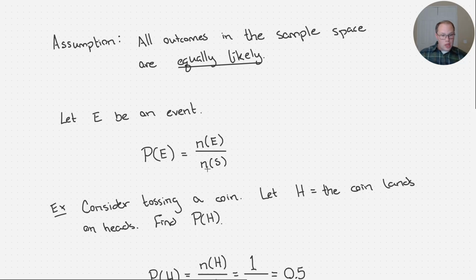It could rain or it could not rain. But the 2 outcomes are not equally likely. The chance that it rains is 70%. The chance that it doesn't rain is only 30%. It's more likely to rain than it is to not rain. In that case, this sort of probability calculation does not work. Now again, you don't have to worry about that for this section. In future sections, we'll learn how to deal with probability when outcomes are not equally likely.